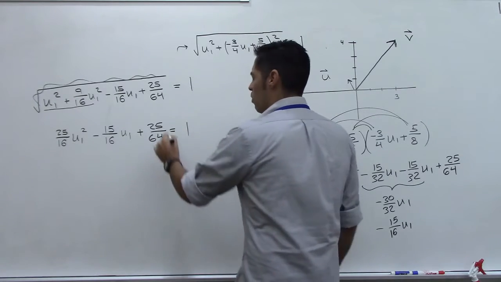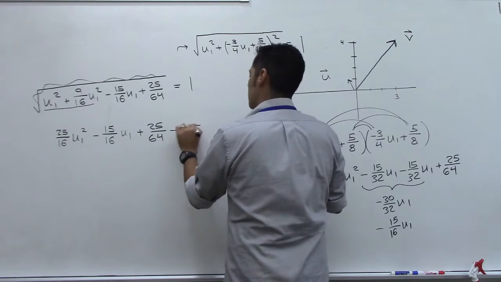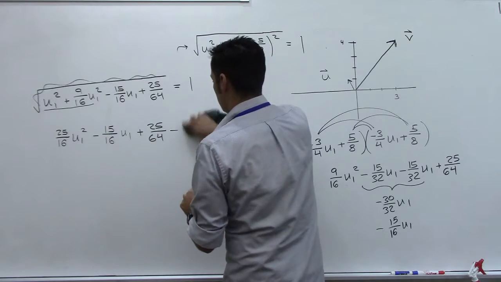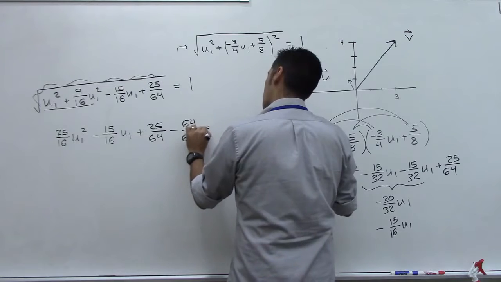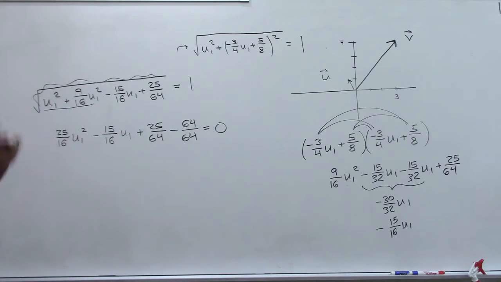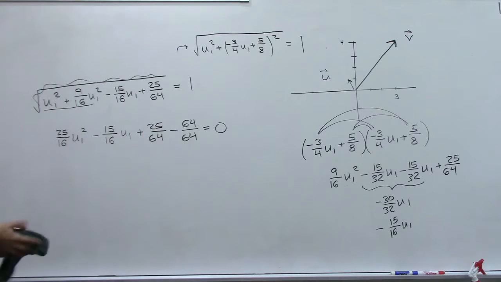So if I subtract 1, I'll get minus 1 equals 0. And then I can rewrite 1 as 64/64. That way I can put those together. If you take 25 and subtract 64, what do you get there?